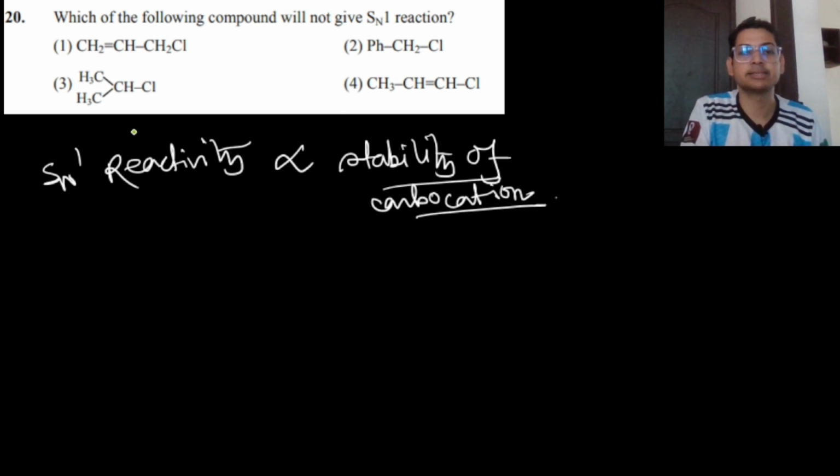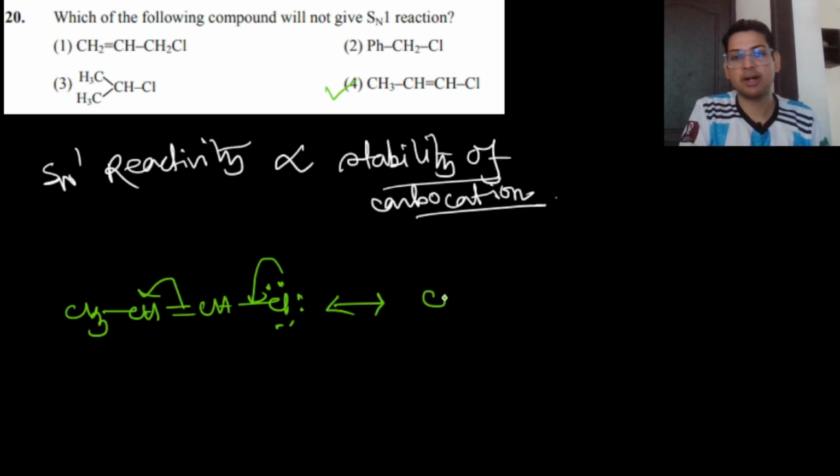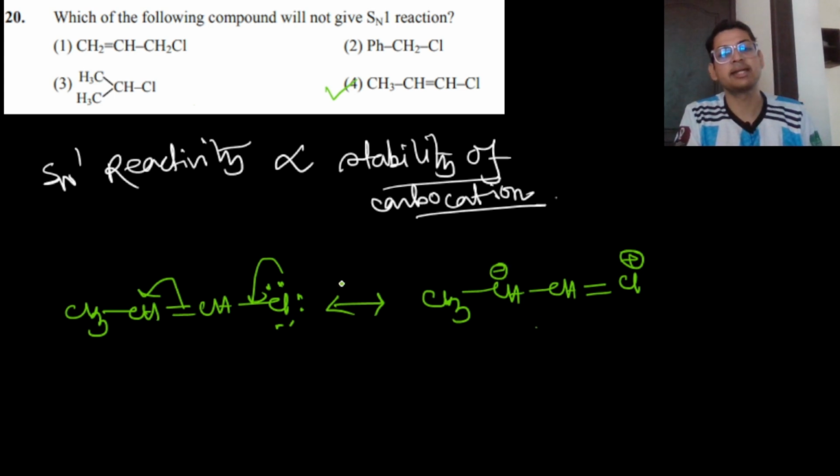What we can do is that we can take the last molecule, CH3 CH double bond CHCl. The chlorine is having lone pair and that can participate in resonance, and if it participates you are getting CH3 CH minus CH double bond Cl. This is plus and this is minus.